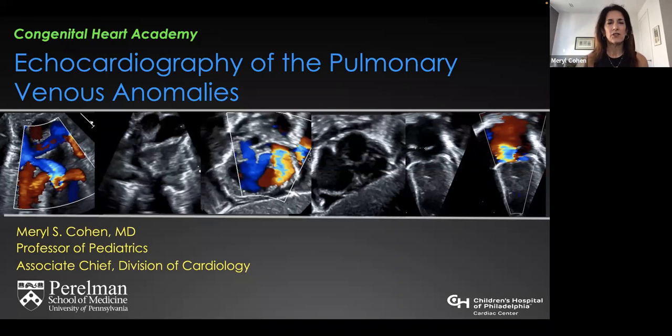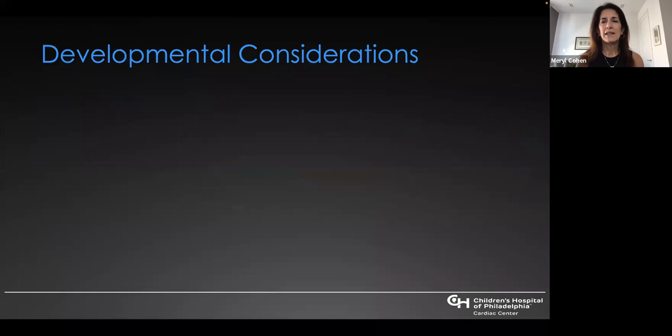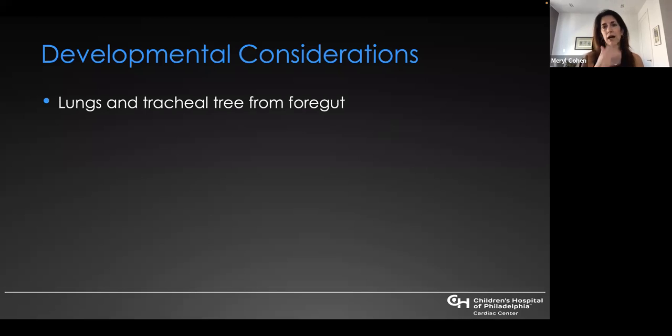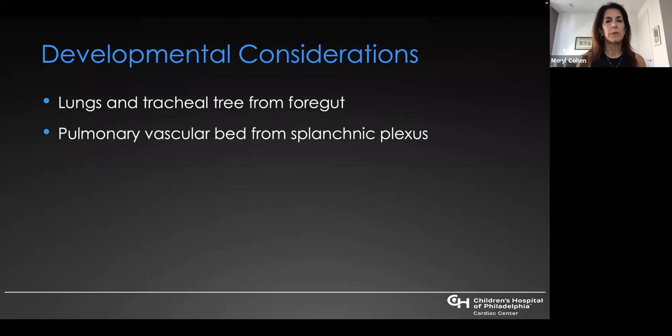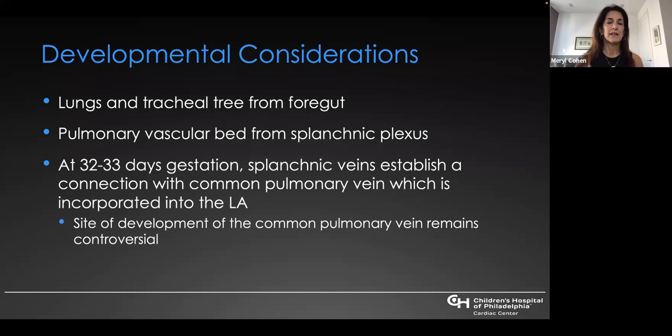I'm going to be talking to you about echocardiography of pulmonary venous anomalies. And I'm just going to briefly touch upon some developmental considerations. When you think about how the pulmonary veins develop, the lungs and the tracheal tree formed from the foregut, the pulmonary vascular bed originally comes from the splanchnic plexus, and eventually the splanchnic veins establish a connection with the common pulmonary vein, which is incorporated into the left atrium.